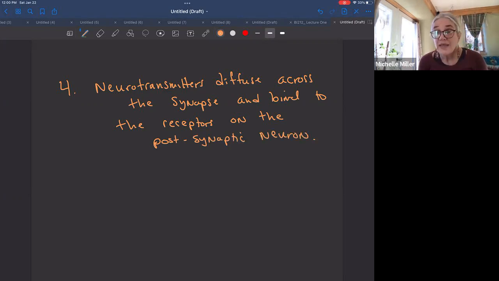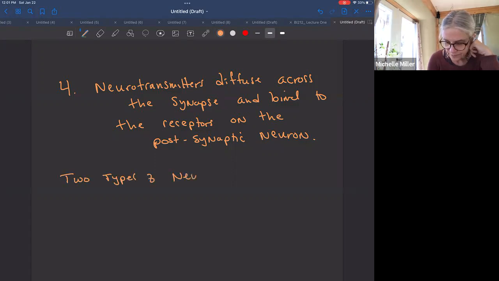So what do these neurotransmitters do? Well, it depends upon the type of neurotransmitter, and it also depends upon the receptor, which is interesting. We have two types of neurotransmitters in general. The first type is excitatory.